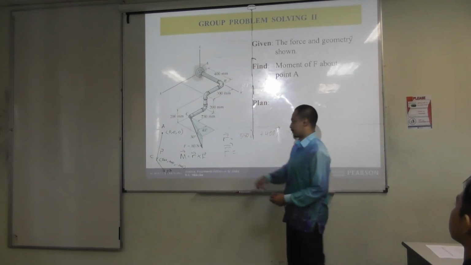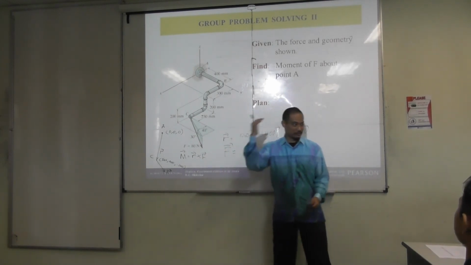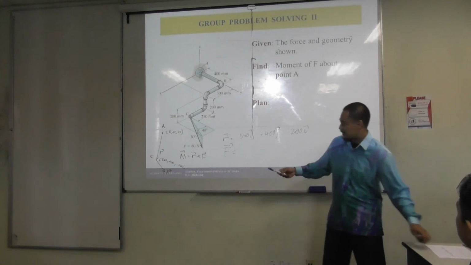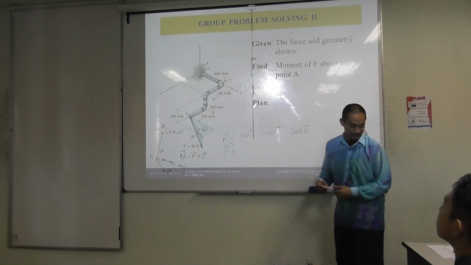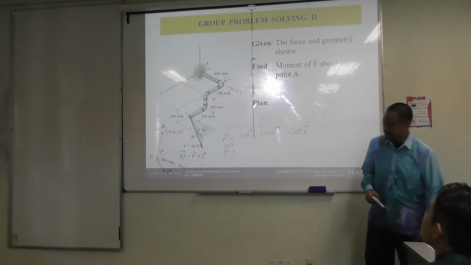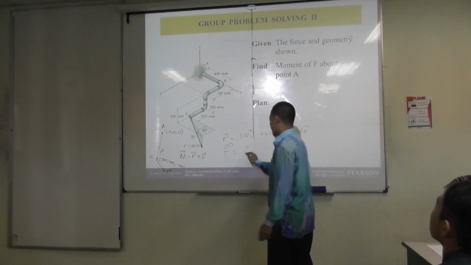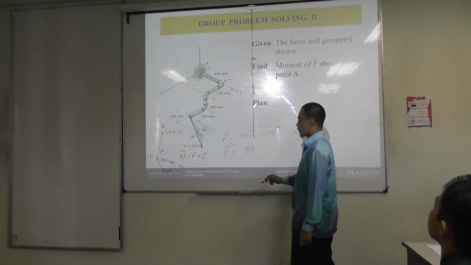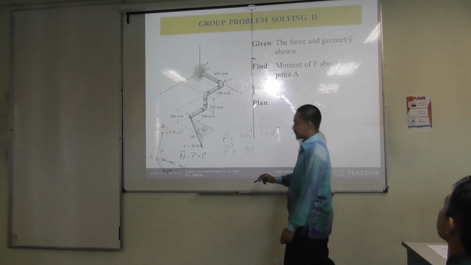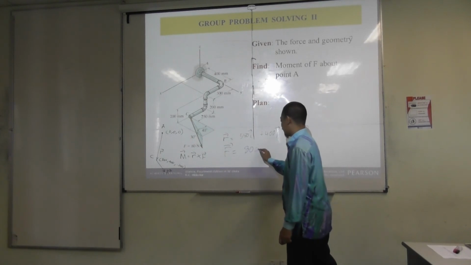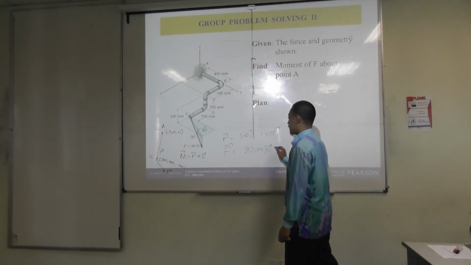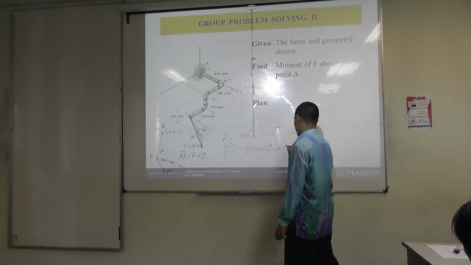Okay, this goes back to, again, chapter 2, right? Make sure, I assume you have already practiced on this one. So, what is the X coordinate? 80 cos 30, sin 40.